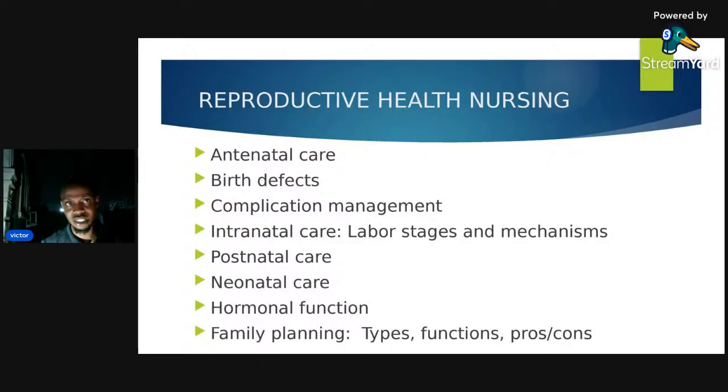If detected early, it can be managed by using magnesium sulfate (MgSO4). That is the drug of choice for managing preeclampsia. If not treated, it will lead to eclampsia. And what is eclampsia? Eclampsia is convulsion or fit during pregnancy.